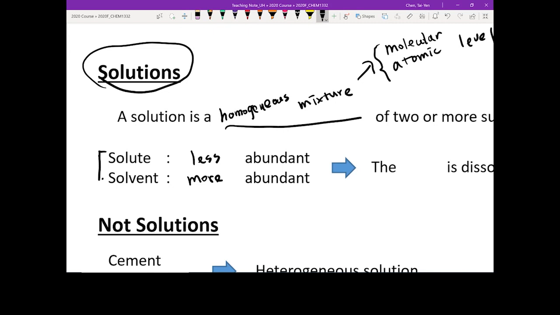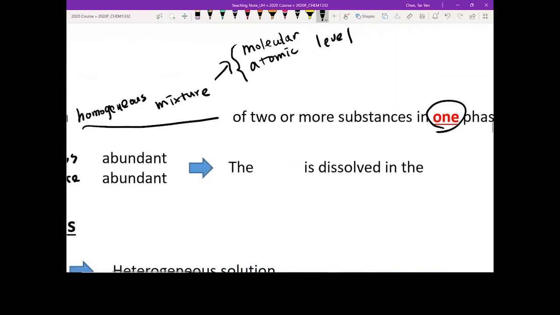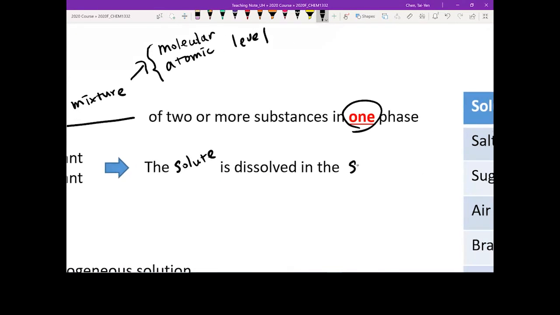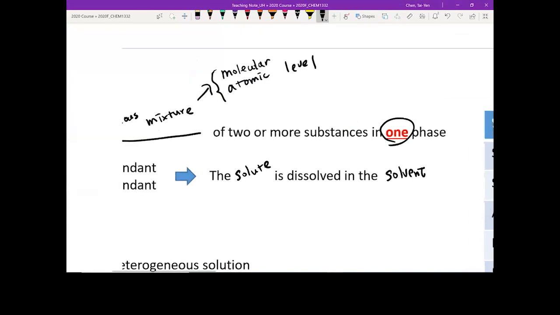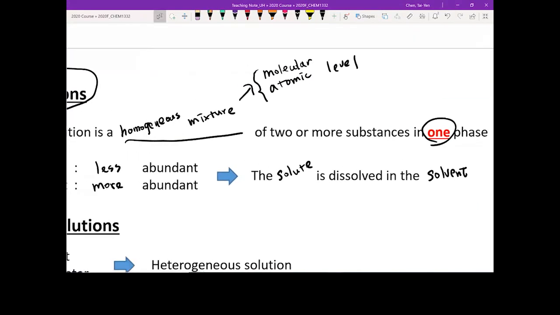When you have your solute plus your solvent and form a homogeneous mixture, you got your solution. And then we always say the solute is dissolved in the solvent.